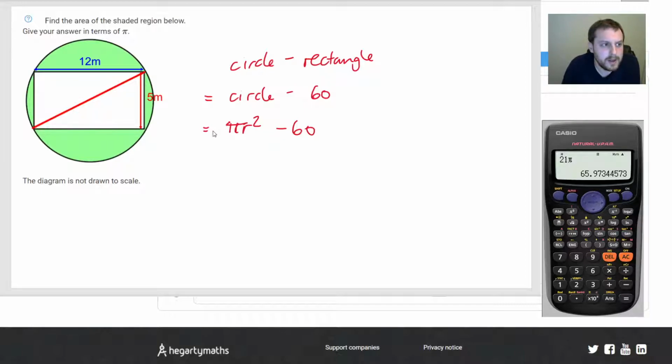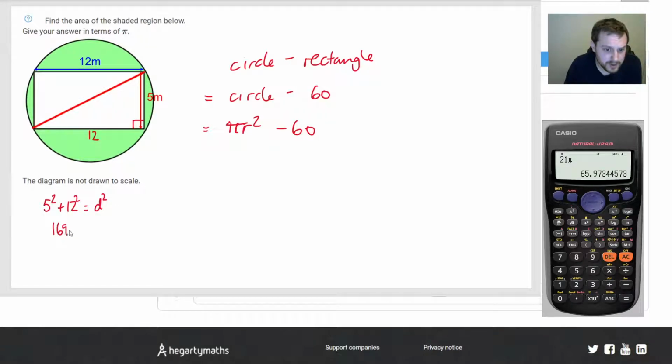It's not as hard as you might think to work out the radius, because we can use Pythagoras. We've got a right angled triangle here. 5 squared plus 12 squared is 169, the diameter squared for us.